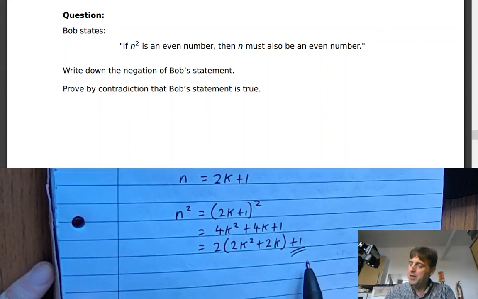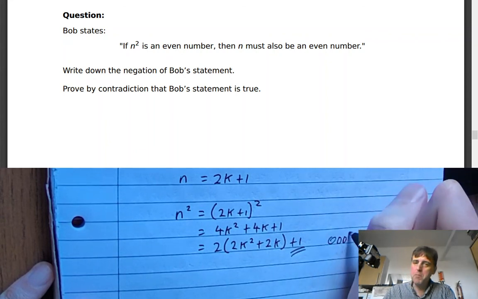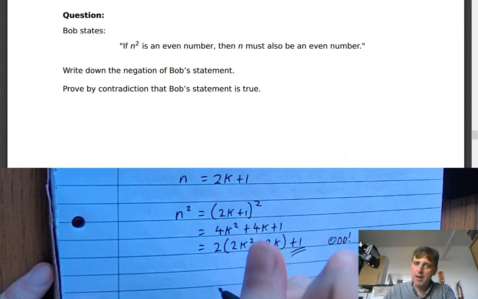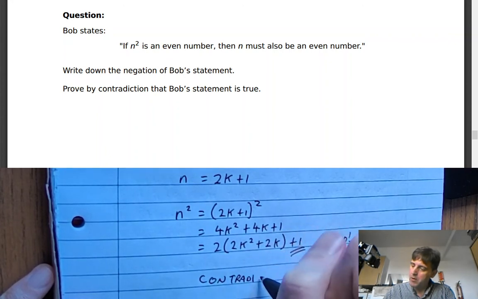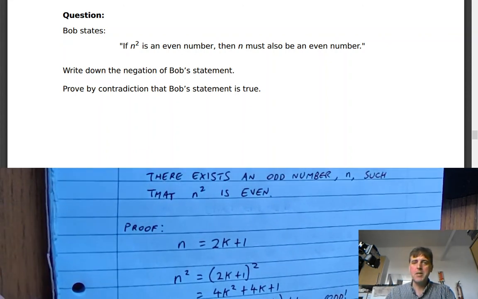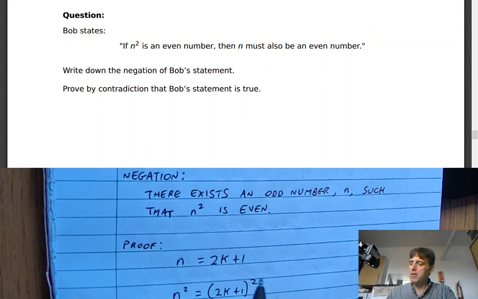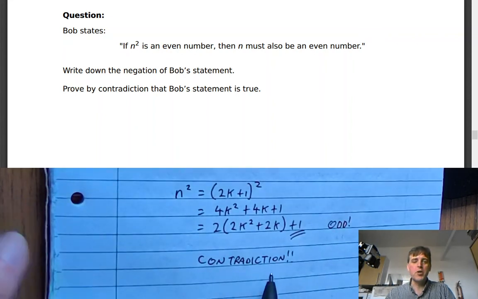That plus 1 there is telling us that we must have an odd number. So we have our contradiction. And the assumption that we made up here, that there exists an odd number n such that n squared is even, cannot be true, because otherwise we wouldn't have ended up with this contradiction.